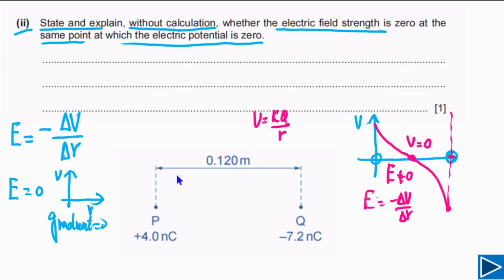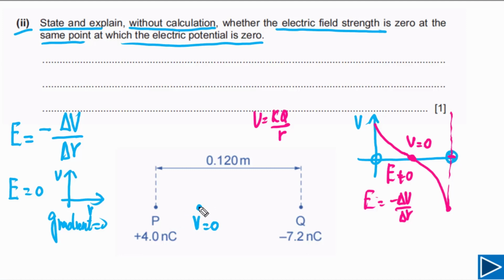Now let's try to answer this question based on electric field concept. So we will look at that certain point again, and at that certain point we have discussed potential is equal to zero. Now we will look at this point again, and we will find out electric field due to positive charge at this point, and we will find direction of electric field due to negative charge at this point.